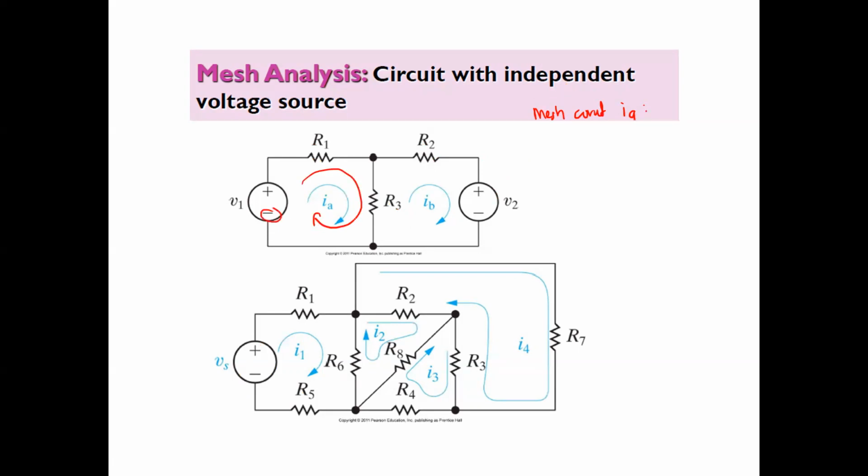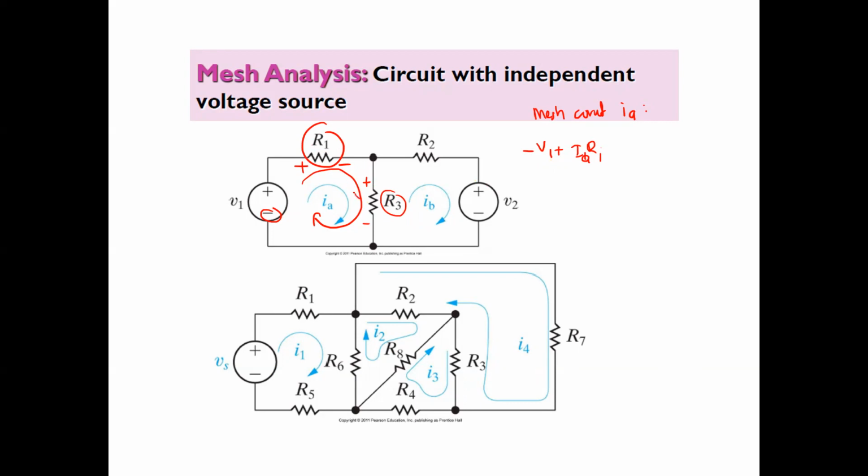We start with negative V1, plus, since the current is always entering the positive terminal of the resistor, you have IA R1, and then you have R3 here. But as you can see, there are two mesh currents going into R3.